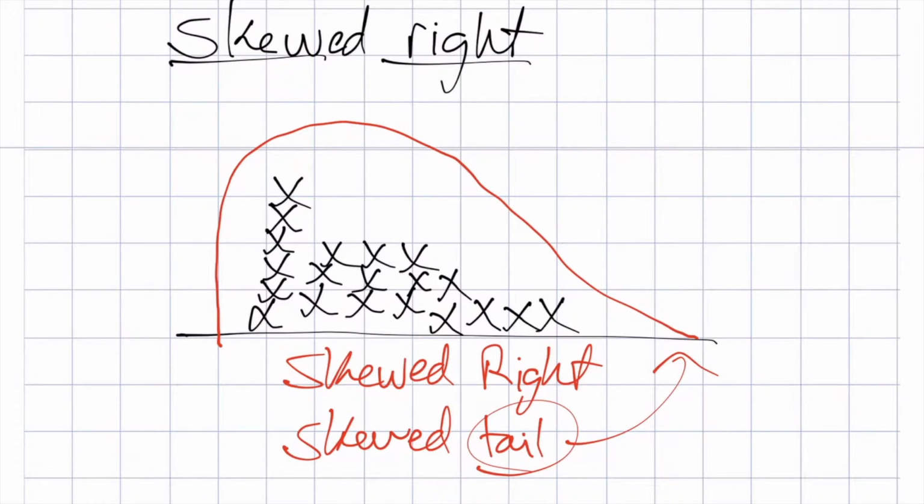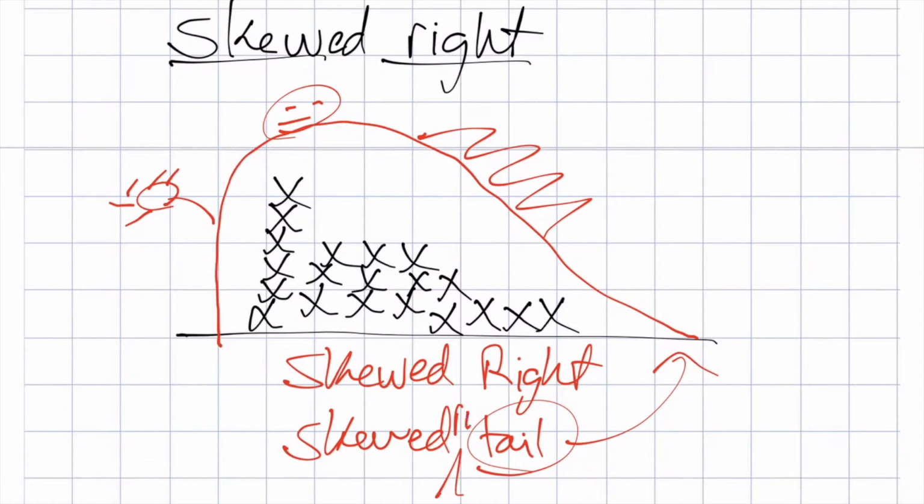If this were like a dinosaur or something, that would be the tail right there. So when you see data like this and you draw the curve over it, that's data that's skewed right. Or again, think of it as skewed tail. Skewed right tail. That's even better. Because the tail's on the right.